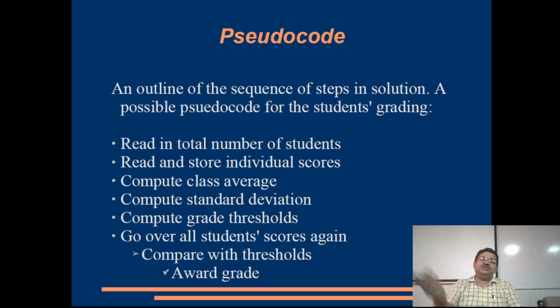And then once you find the thresholds, you just go over the individual scores and look at which bracket that particular score falls in and assign the appropriate grade accordingly. That's the complete set of operations, right?